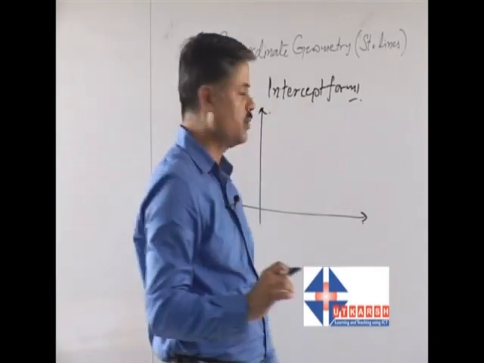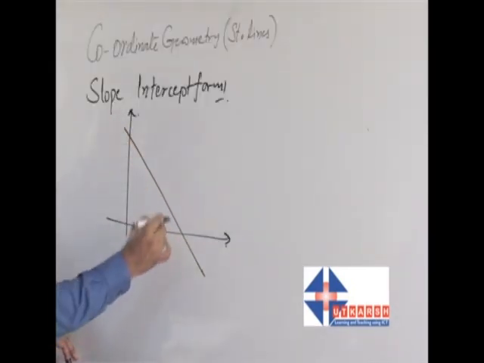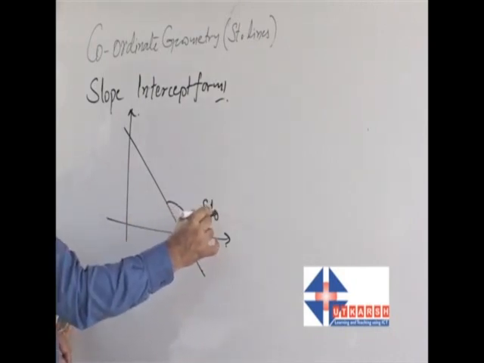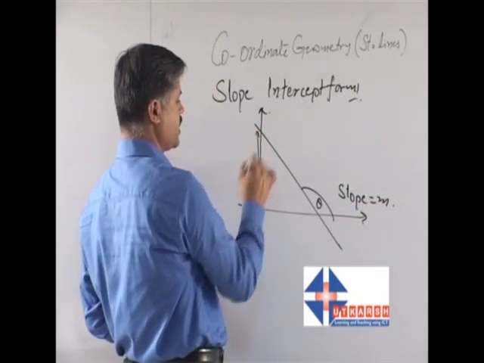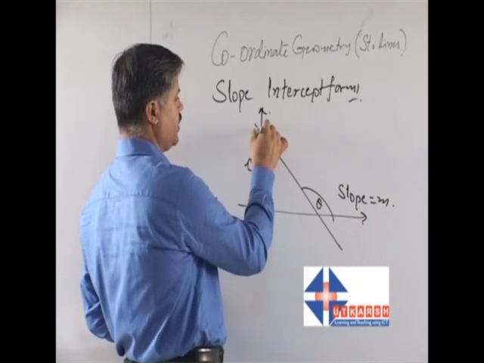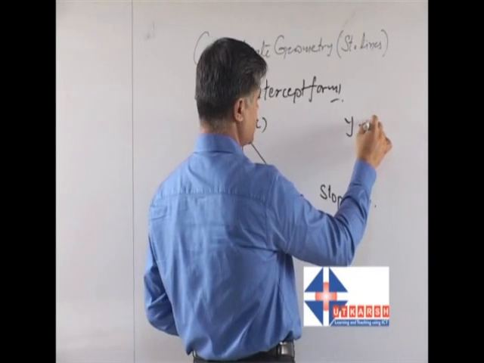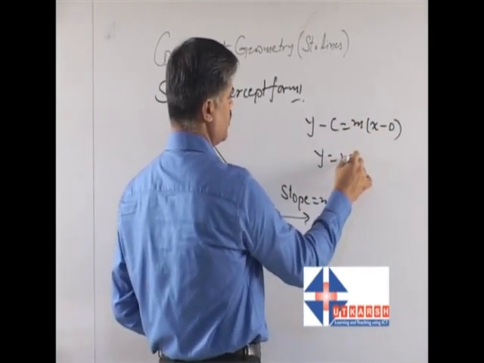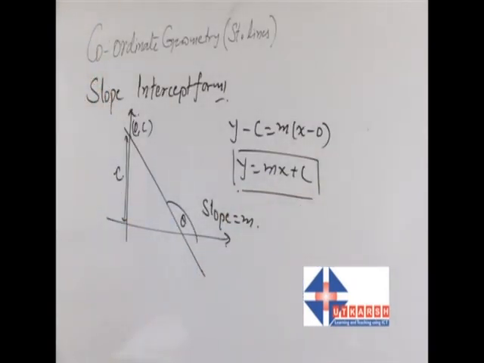Equation of line passing through a given point, slope intercept, no point, slope is given to you, inclination is theta, say slope is equal to m, the intercept on y axis is say c, then this point can be taken as (0, c), okay, then you can again use y minus c is equal to m into x minus 0. So y is equal to mx plus c is the slope intercept form. You can use it directly when the intercept on y axis is given to you.